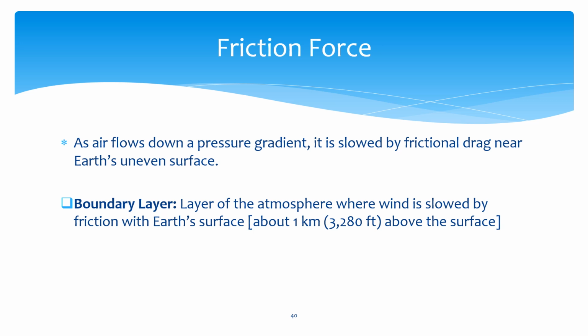And what we're talking about here is something called the planetary boundary layer. Now remember when we did layers of the atmosphere, I said there were the 4 or 5 major layers? Well, you can subdivide those, especially when you get to the troposphere. We have the boundary layer, which is basically the layer of air that is in contact in some way with Earth's surface.